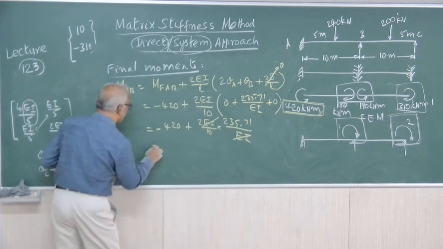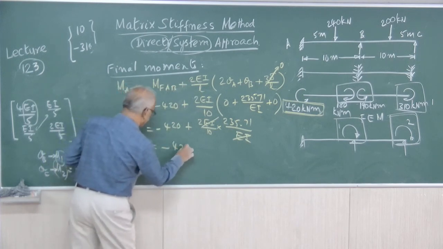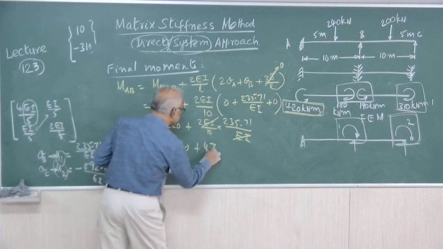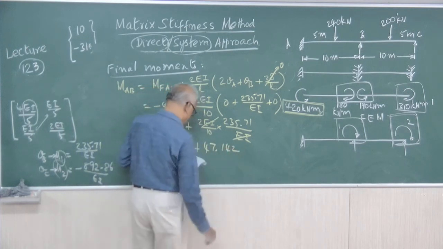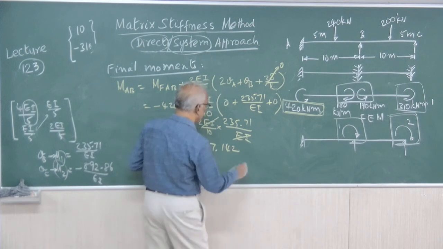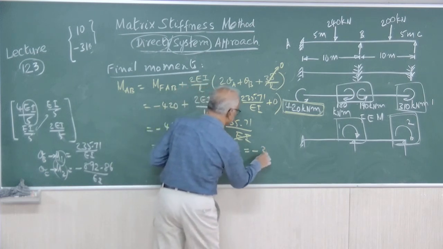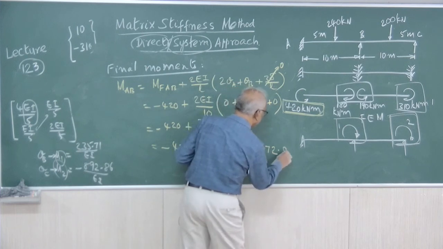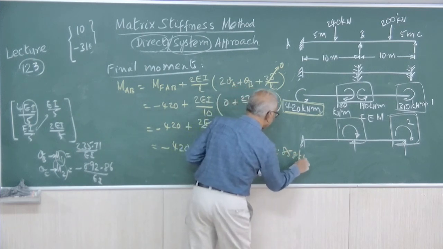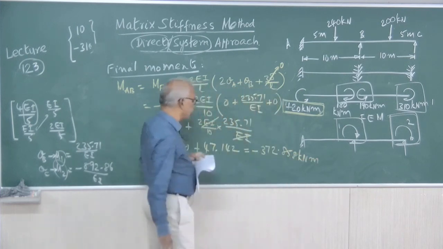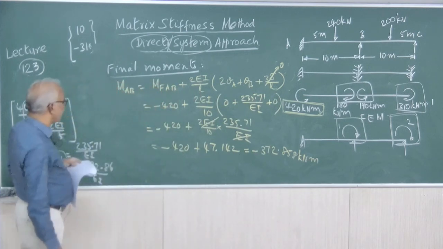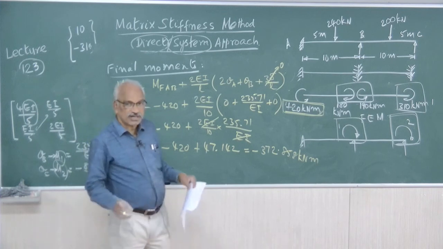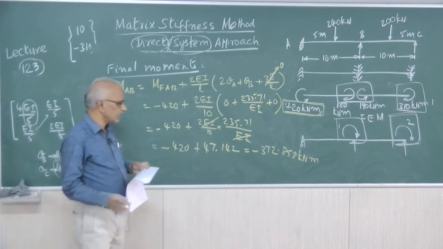So that is equal to minus 420 plus 47.142, equal to minus 372.858 kilonewton meter.